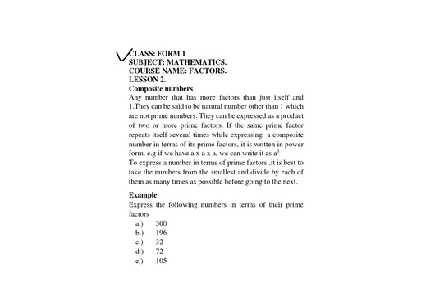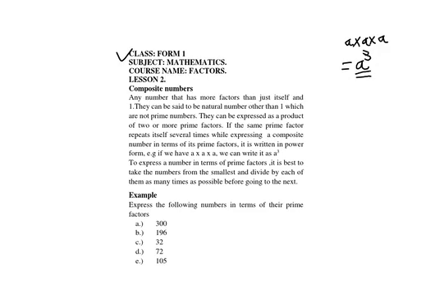If the same prime factor repeats itself several times while expressing a composite number in terms of its prime factors, then it can be written in power form. For example, if we have a prime factor a repeating itself 3 times, like a multiplied by a multiplied by a, then it can be written as a raised to 3 in power form.